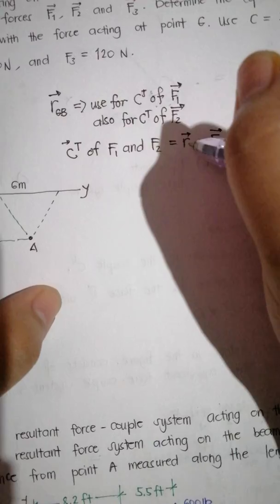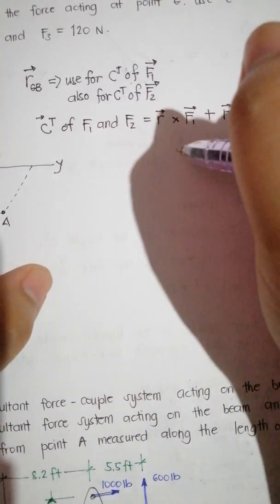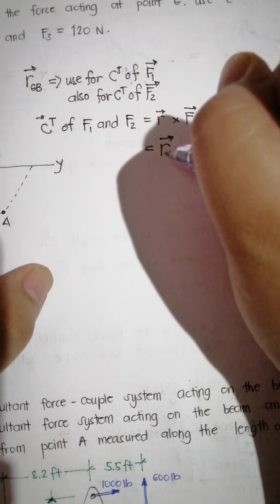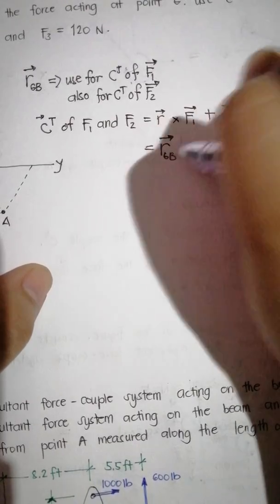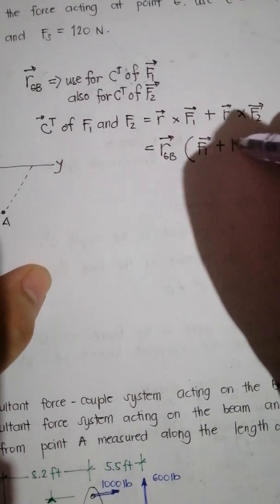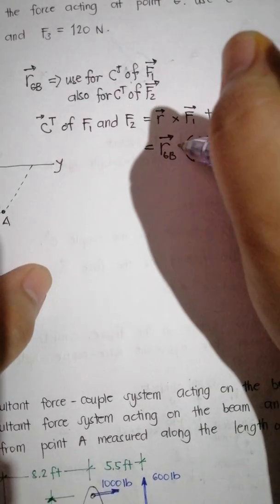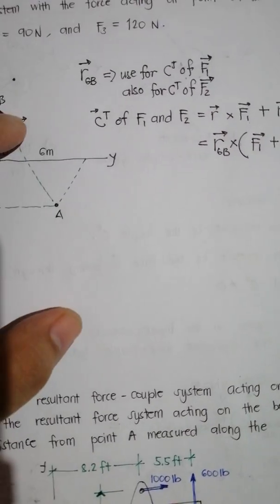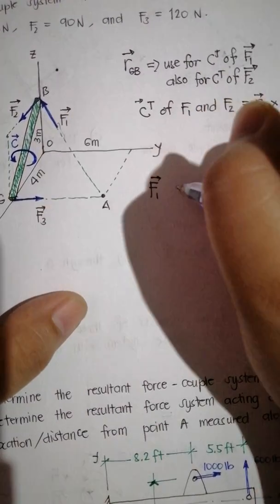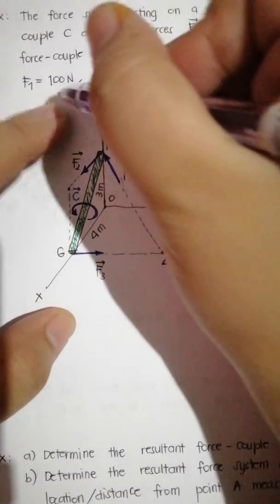Good thing here is that both F1 and F2 have the same position vector, so we could just actually factor out the position vector r. We have G to B, then cross force vector 1 plus force vector 2. Okay, rather cross. We'll use the cross product. So unahin muna natin kunin ang force vector ni 1 at saka ni 2. Okay, we'll make it faster.